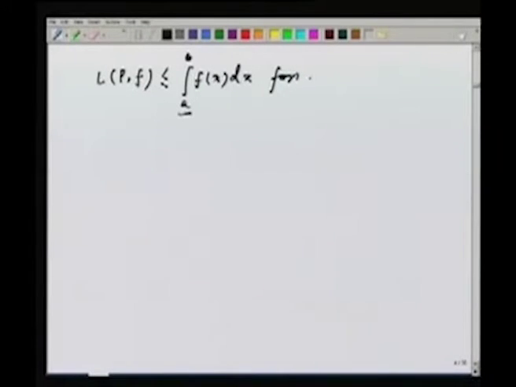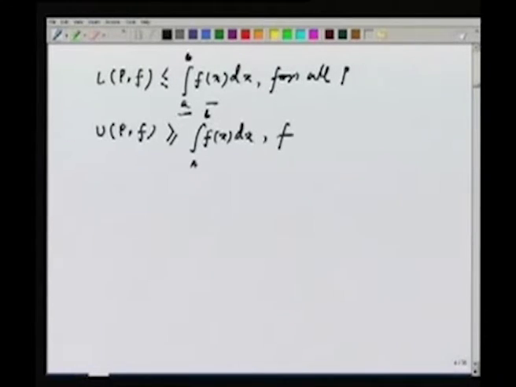So this is true for all P. Similarly, I have U(P,f) is bigger than or equals to the integral a to b bar of f(x) dx for all P, because the upper Riemann sum has been defined as infimum of all the U(P,f).